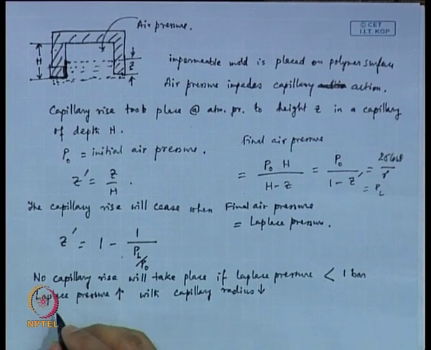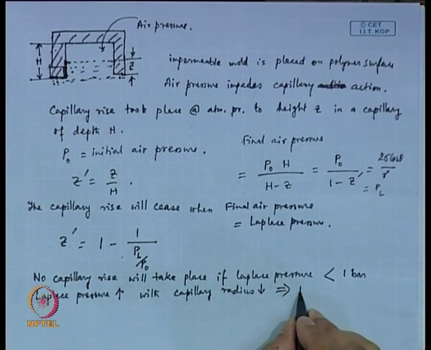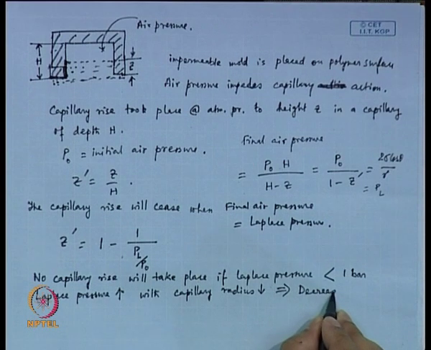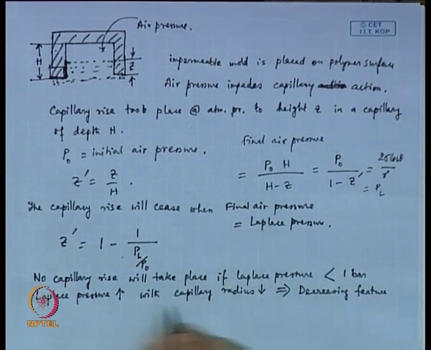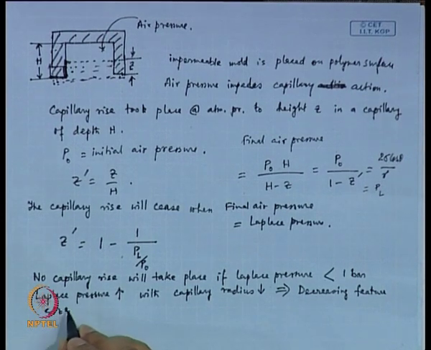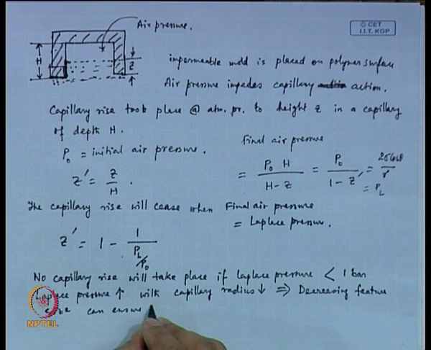So that means decreasing feature size can ensure P L is greater than P 0.